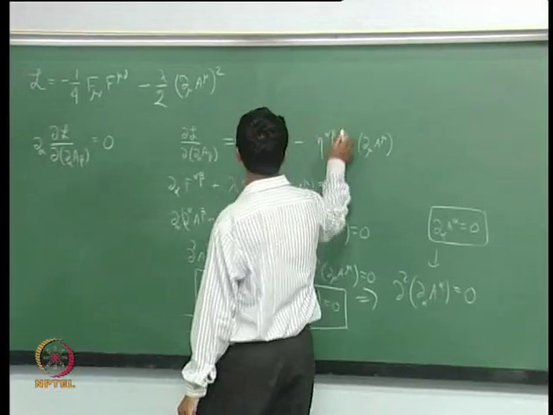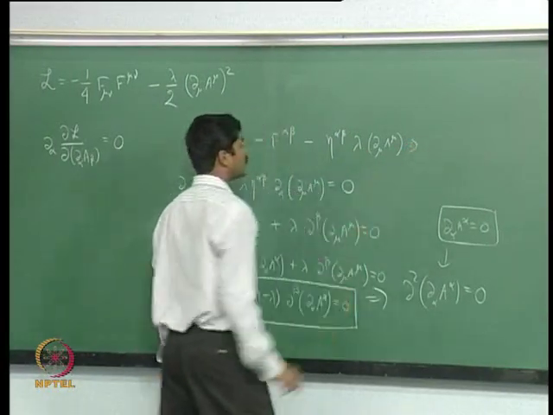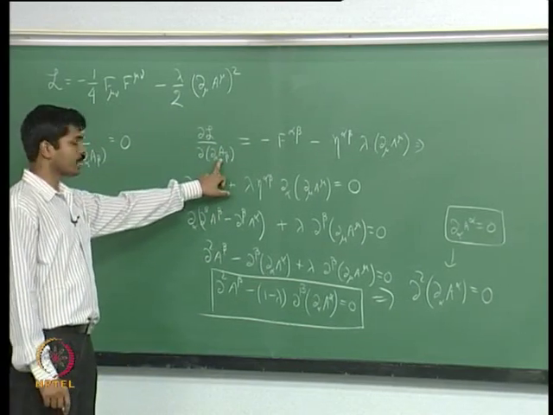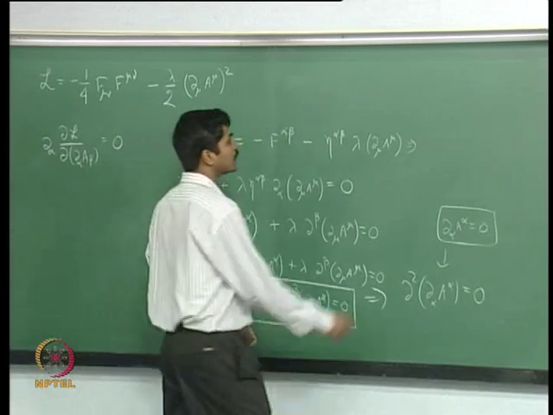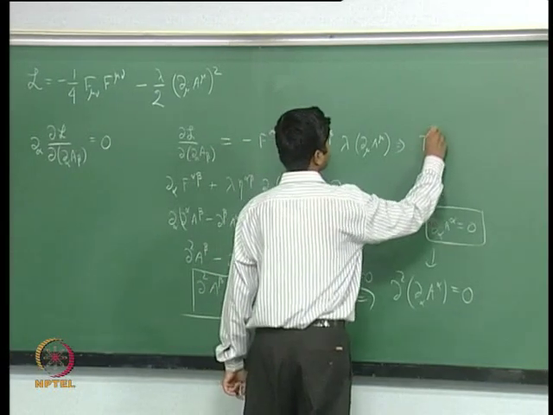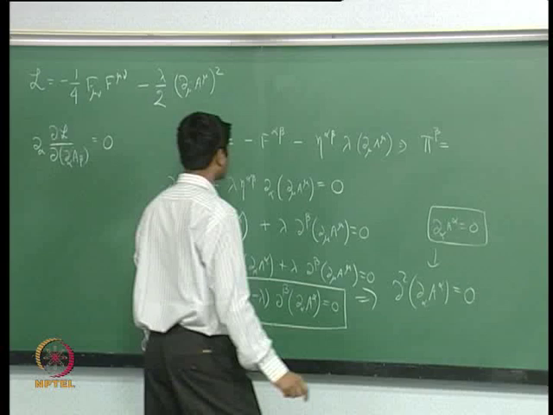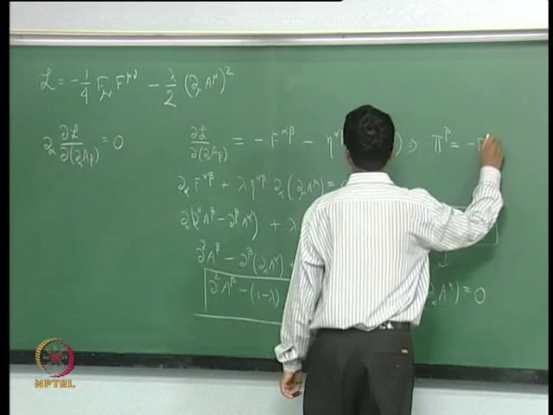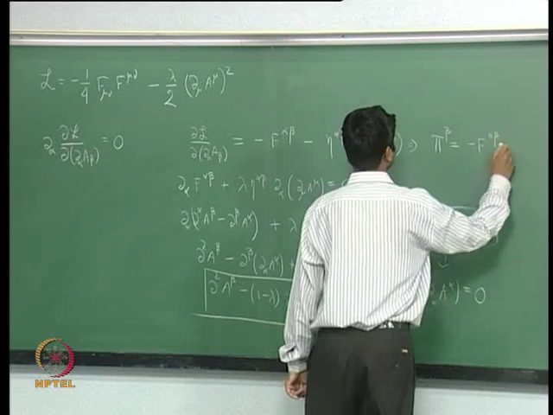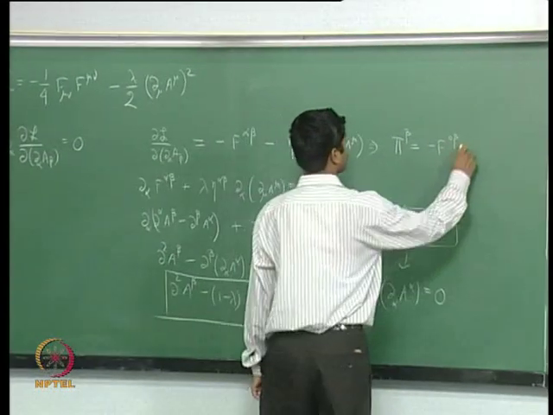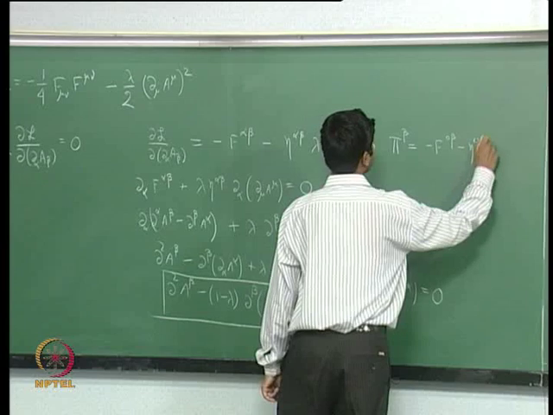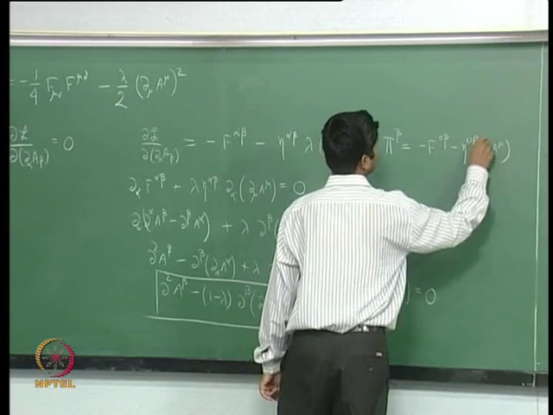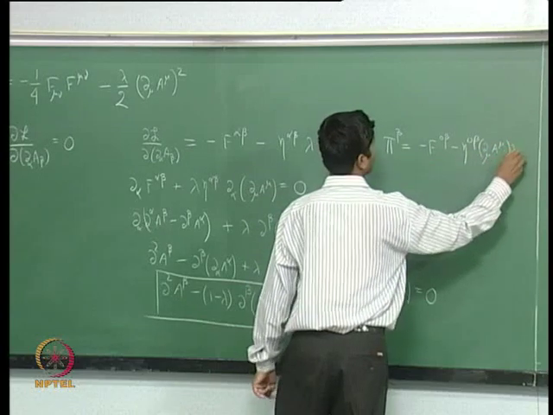This equation here simply implies that the conjugate momentum to the field A beta, which I will denote by pi beta, is given by minus F 0 beta minus eta 0 beta times lambda del mu A mu.